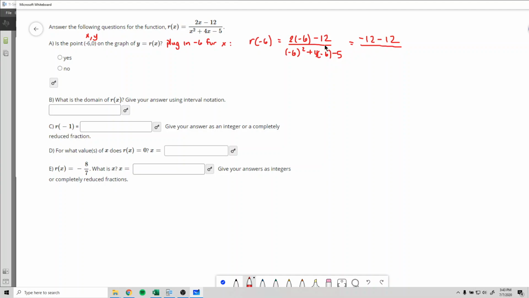On the bottom, negative 6 squared is 36, plus 4 times negative 6 is negative 24, minus 5. Negative 12 minus 12 is negative 24. 36 minus 24 is 12, minus 5 is 7. And negative 24 over 7 is not 0. The answer is no.